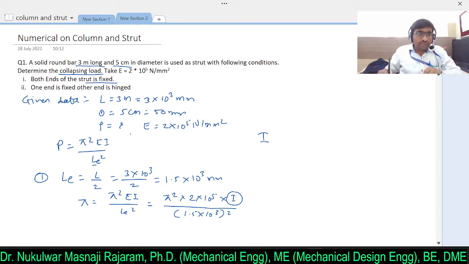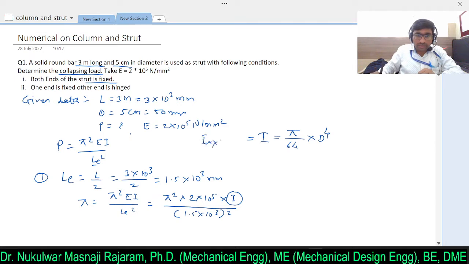Now here if you observe, the strut is a solid round bar. Clear? So here I can write for that pi by 64 into d raised to 4. Clear? Now here this I is nothing but the moment of inertia, the least one. So the least value we require.